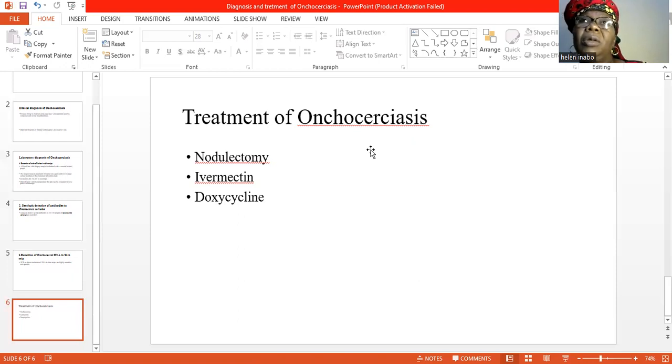A 6-week course of doxycycline will eliminate Wolbachia species that are now known to be responsible for the inflammatory process that leads to blindness.